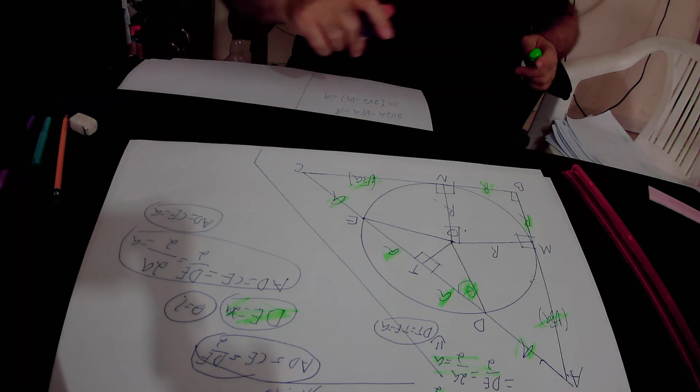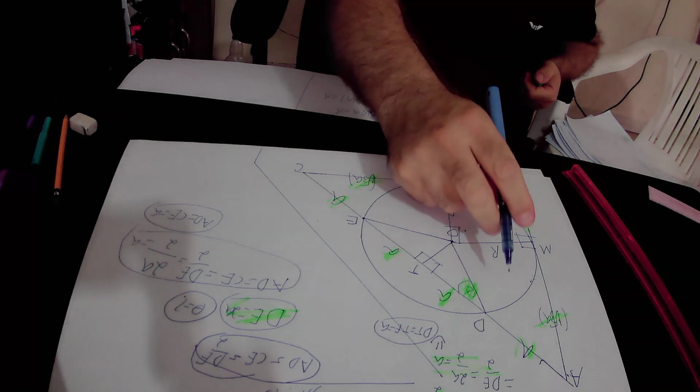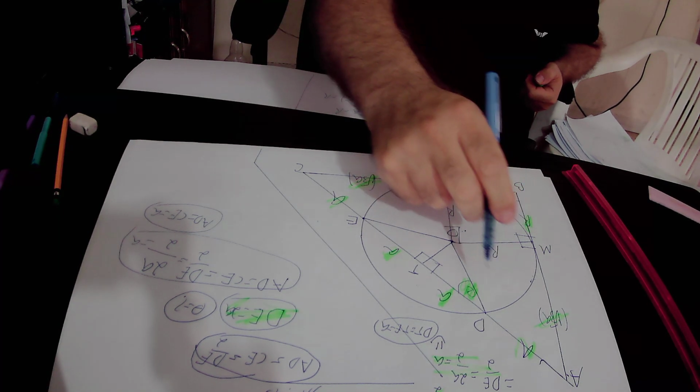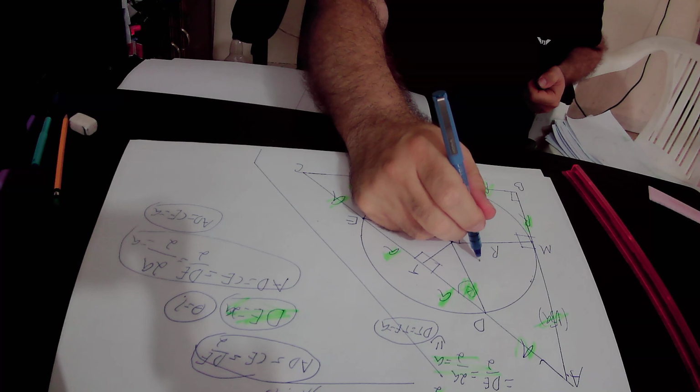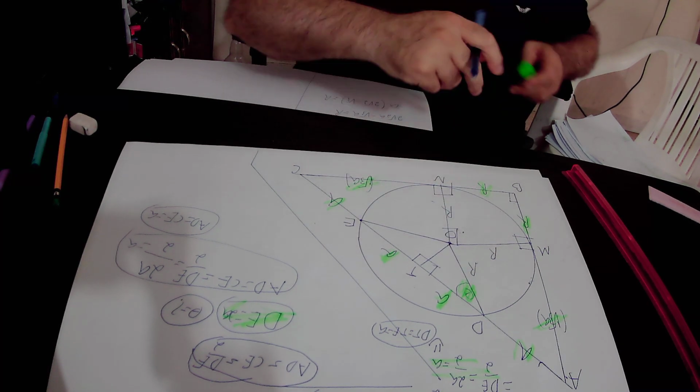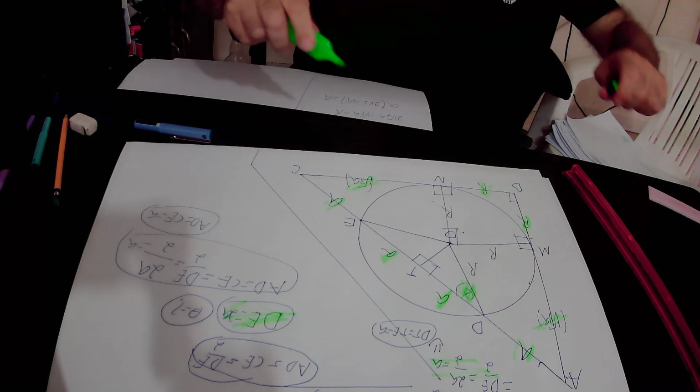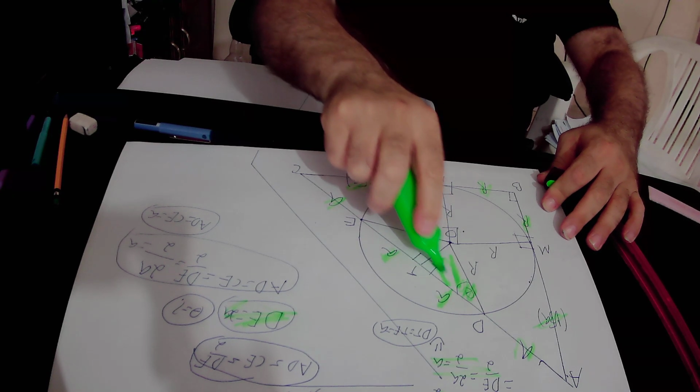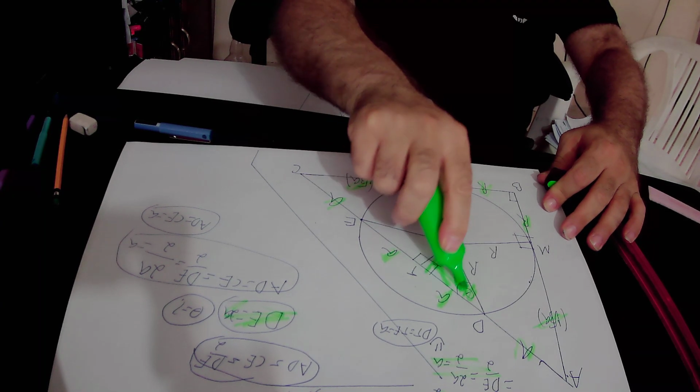Here, point O is the center of the circle, point D is a point on the circle itself, therefore DO is the radius of the circle, that is equal to 1. In the next step, I will copy the right green triangle, triangle DOT, to a new page, and we will analyze triangle DOT.